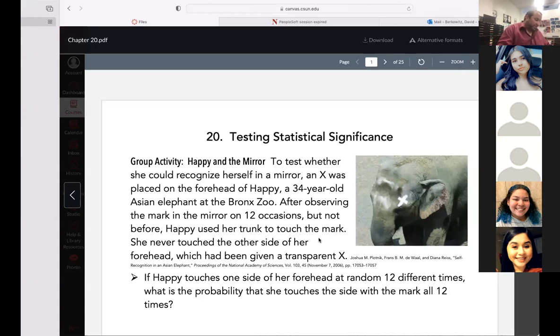And this is one of the two main concepts and main objectives of statistics: testing statistical significance. Essentially, here's the idea. You do an experiment and you get a result, and from that result, you'd like to make a conclusion.